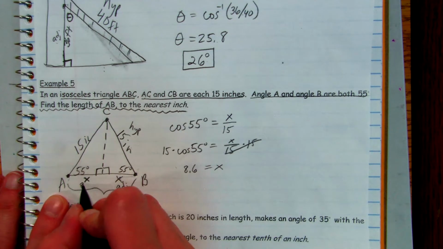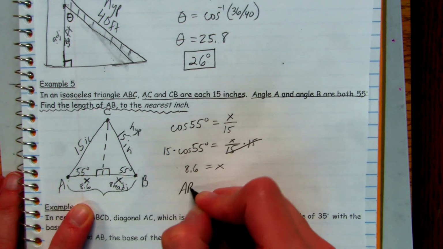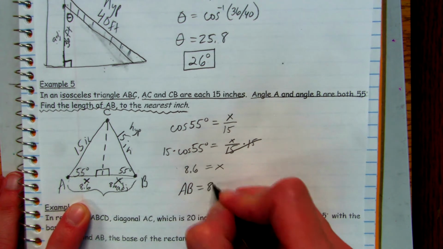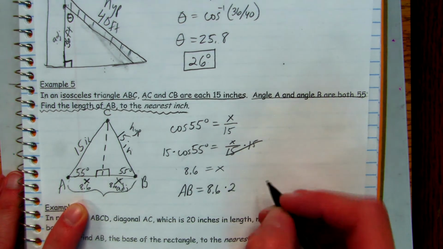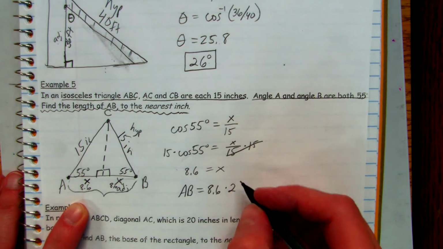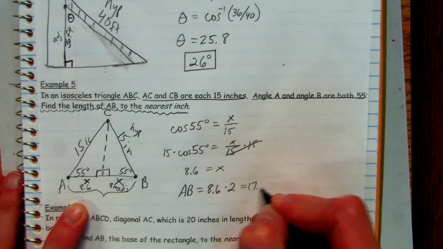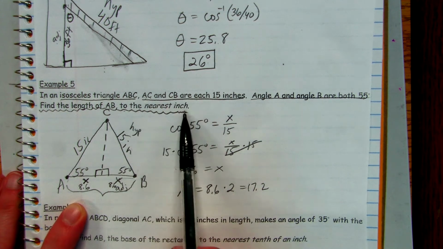So this is 8.6, and this is 8.6. So that means AB is going to be whatever 8.6 times 2 is, or 8.6 plus 8.6, however you want to do that. So 8.6 times 2 is about 17.2. And then how do they want us to round the final answer to the nearest inch?